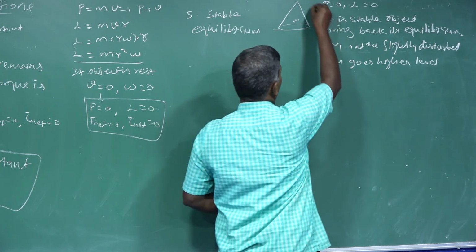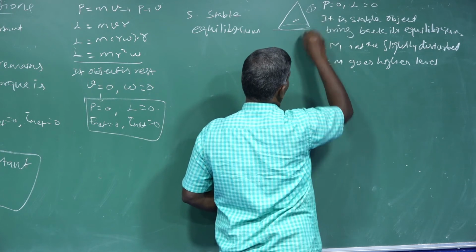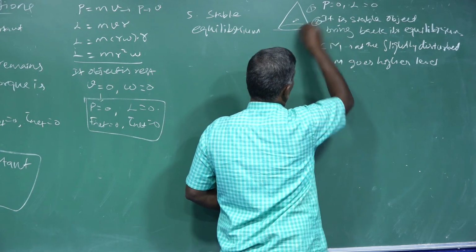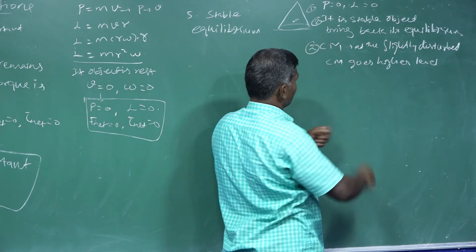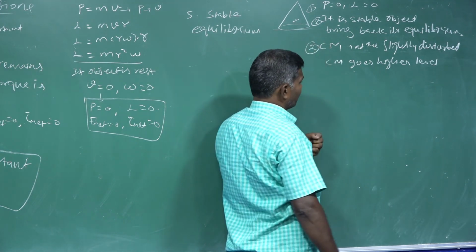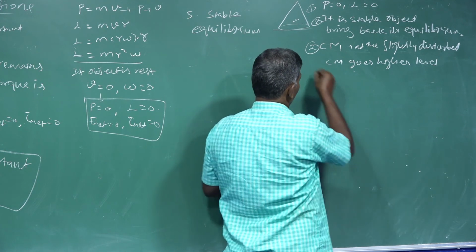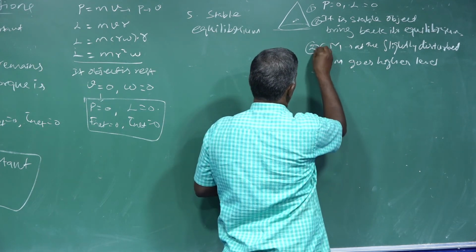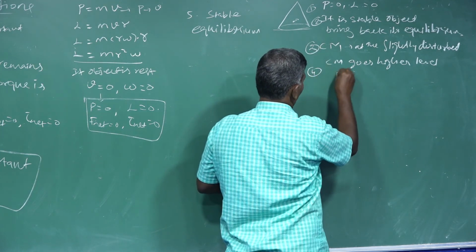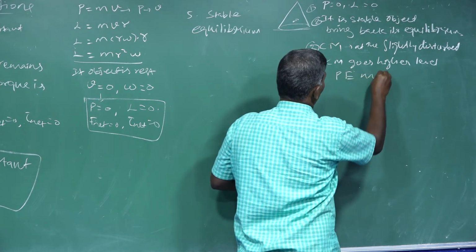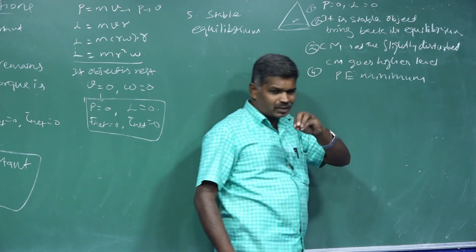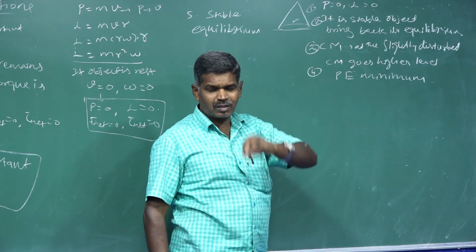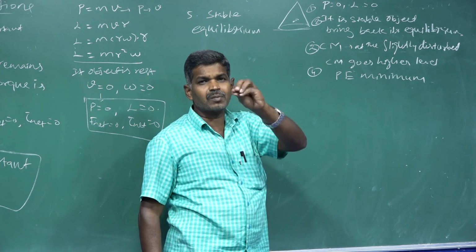That is the second point, that it is stable, and the center of mass comes back to its original position. The fourth point is that potential energy is a minimum. Where potential energy is minimum, at this stage the object is more stable.